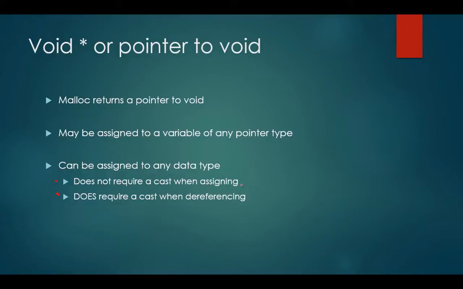So when we assign a pointer the return value from our malloc calls, we don't have to typecast it. I'm going to typecast it, though. All my code is going to typecast it. I'll show you exactly what that means and where we're doing that in just a few minutes. You don't have to, but I will. When you dereference it, though, it does require a cast. I'll walk you through both of those in code in just a little bit, so just keep that in mind as you're working through it.